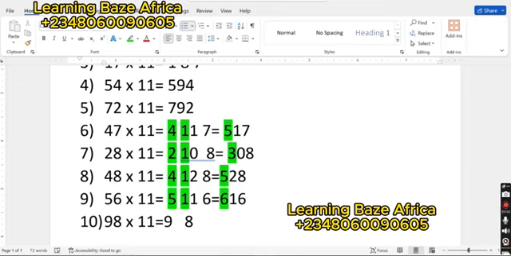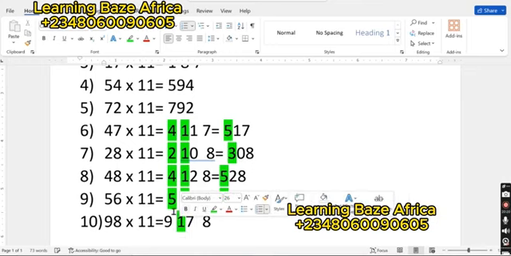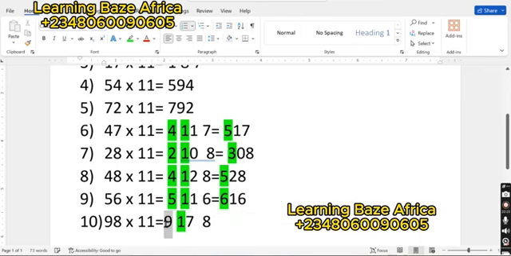Now, add up 9 and 8 together. That will give you 17. 9 plus 8 is 17. Write 17 at the middle, but you're going to carry one over.